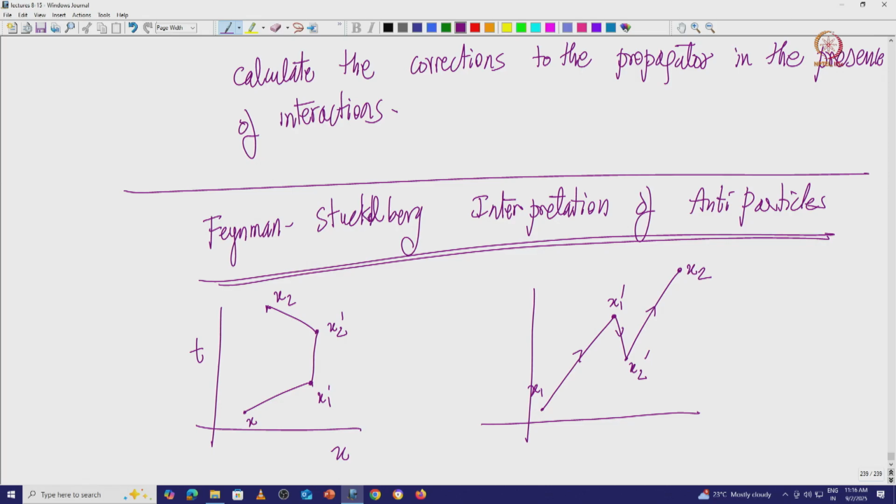So the charges will suddenly become positive and then go back to negative. This coming back in time is typically what you can find in processes like pair production.